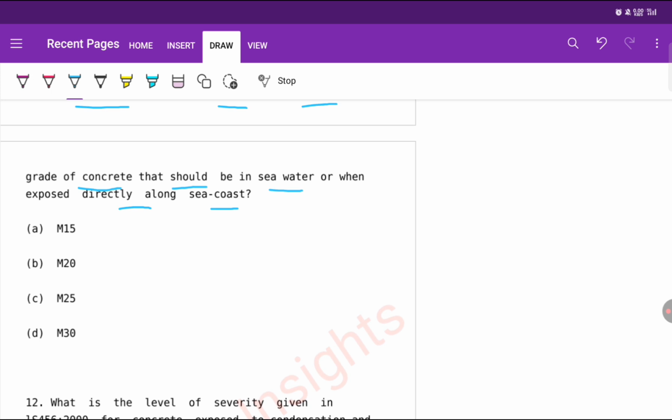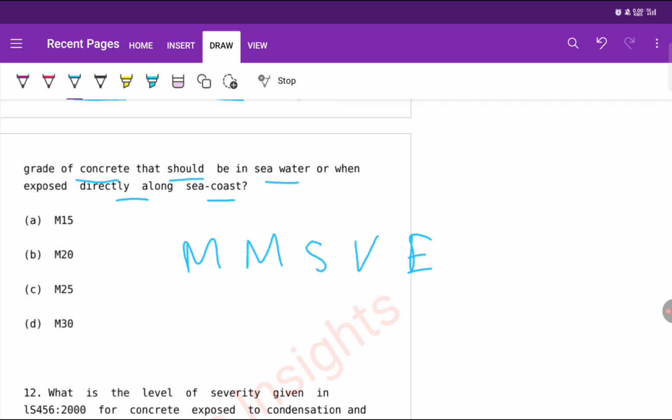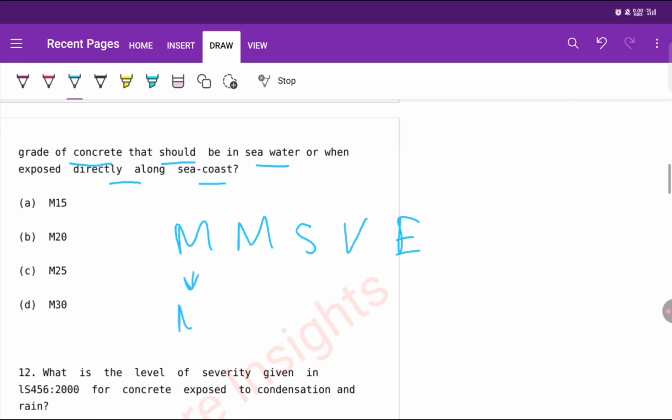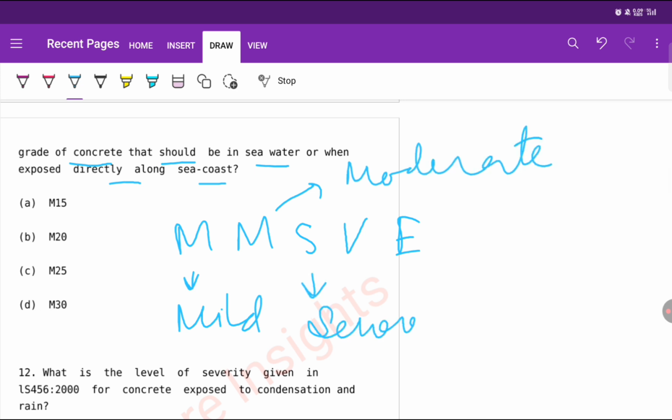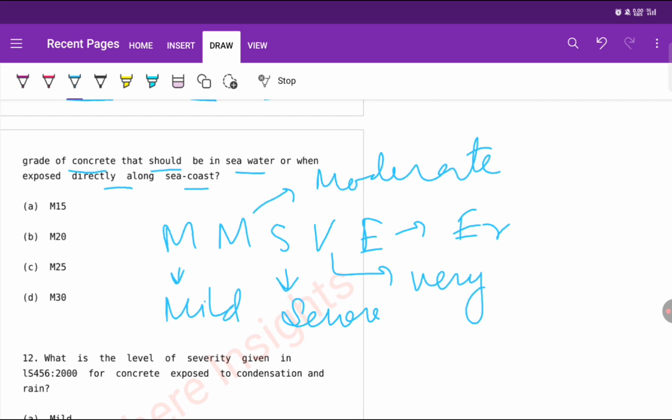So this will be under MMSVE. Okay, so here M means mild, moderate, S means severe, V means very severe, E means extreme. So very severe will be in this condition.